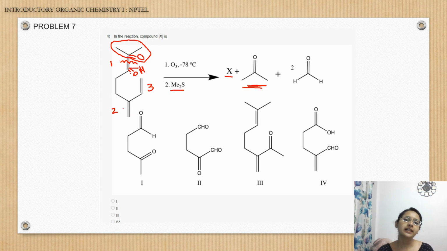Now coming to alkene number 2. Now if you cleave this, again you have two hydrogens here. Again you have two hydrogens, right? So you will be having a carbonyl here and a carbonyl here. Right? So there will be two carbonyls.